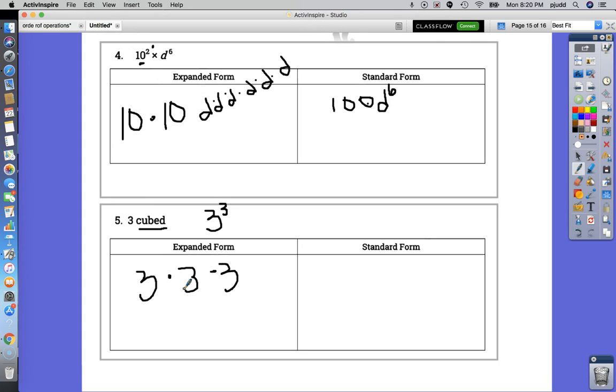Well, 3 times 3 is 9. 9 times 3 is 27. Okay, and I have no doubt you got both of those correct. Okay, take a moment, make sure you indicated everything in expanded form and then in standard form.